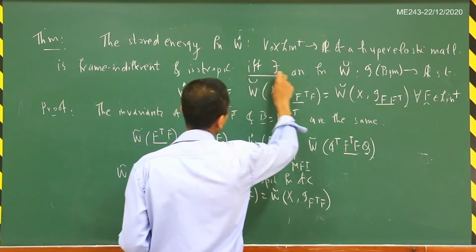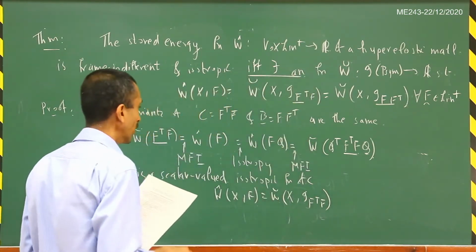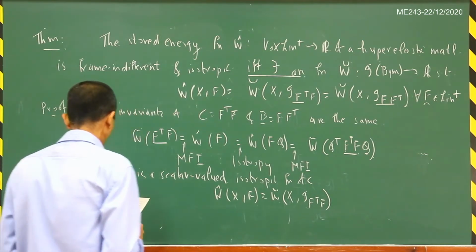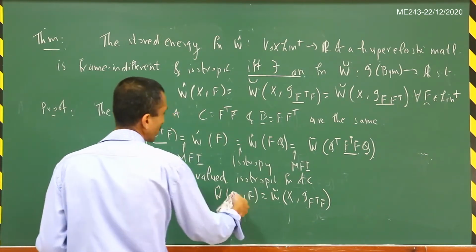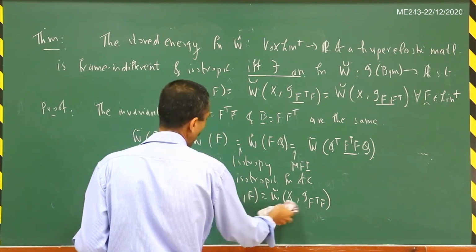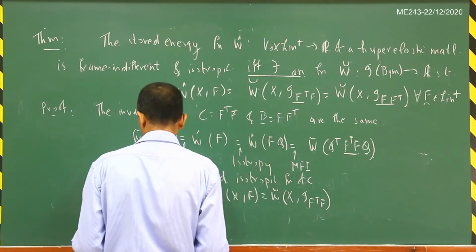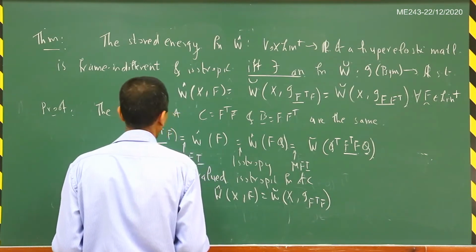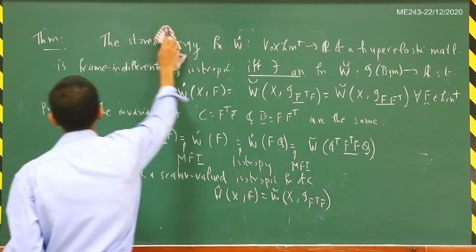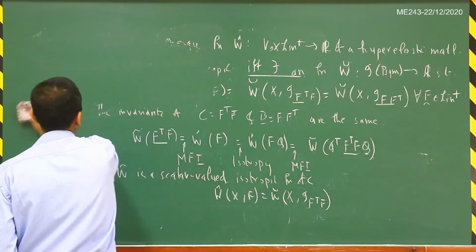So we also need to show the converse of this one here. The converse is actually easy because the moment you say that you have such a function, then it is very easy to show that MFI and isotropy are satisfied in this case. So let us just show that converse also.